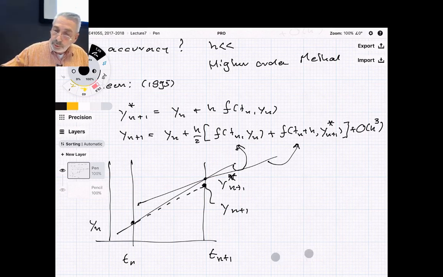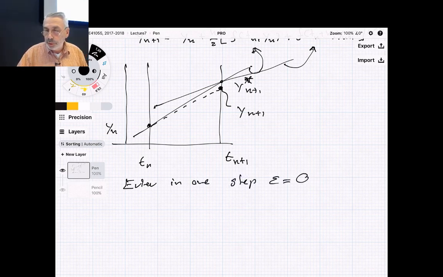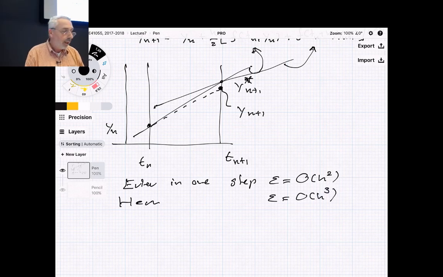So let's summarize. For Euler, in one step we have an error epsilon of the order h squared, and for Heun in one step we have an error of the order h to the power 3.